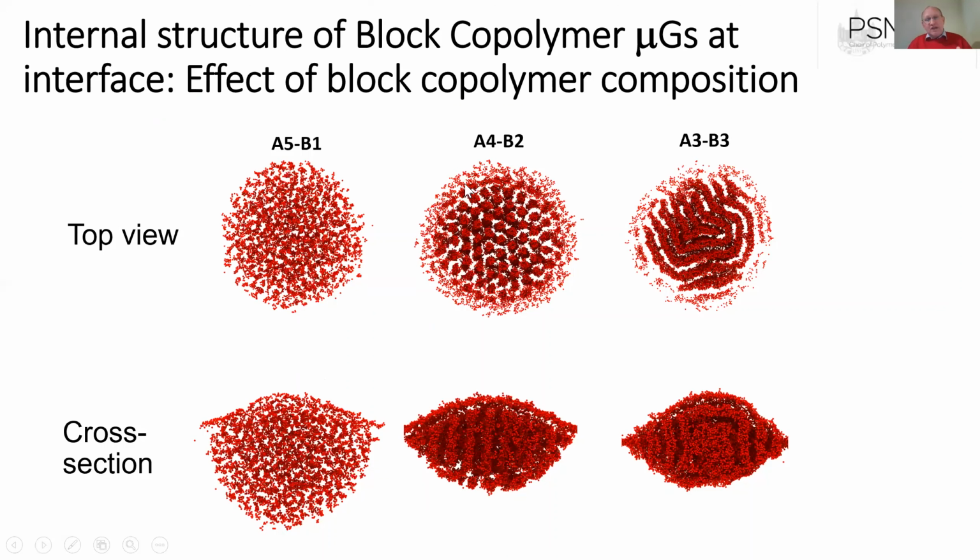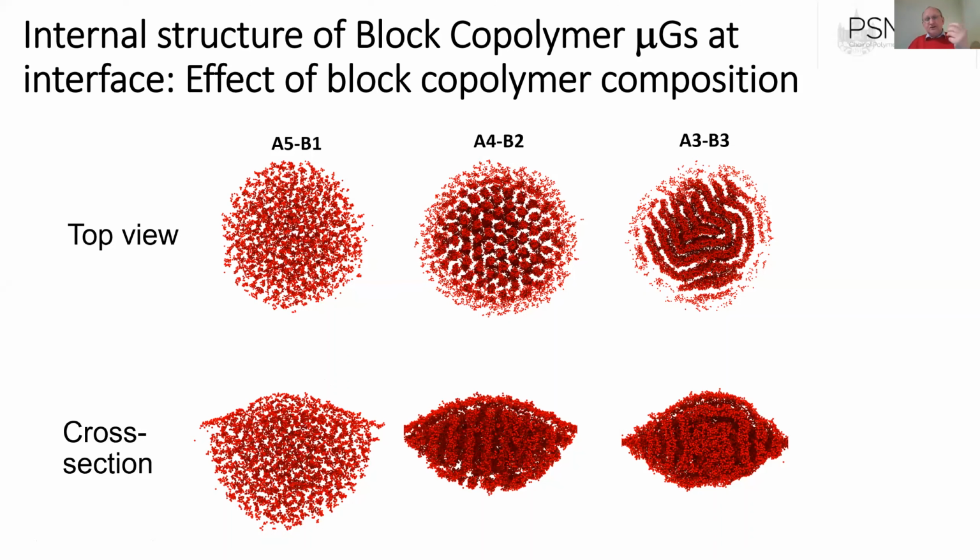But if we take, for example, a mildly asymmetric one, with 4 units, the total length of the subchain is 6 beads in computer simulation, 4 for the A block and 2 for the B block, what we see is a cylindrical structure. And what's nice, the cylinders are oriented perpendicular to the interface.